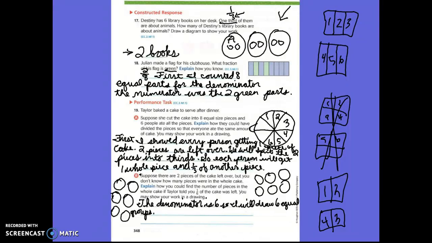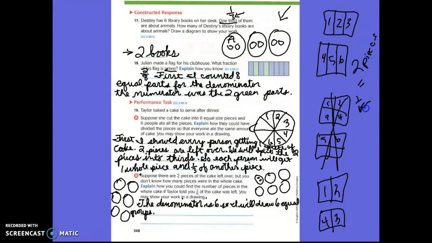Okay, now my question is, we have 2 pieces left over, and those 2 pieces are supposed to be the 1/6. So how many counters am I going to put, and where am I going to put them? Listen. So 2 pieces equals 1/6.